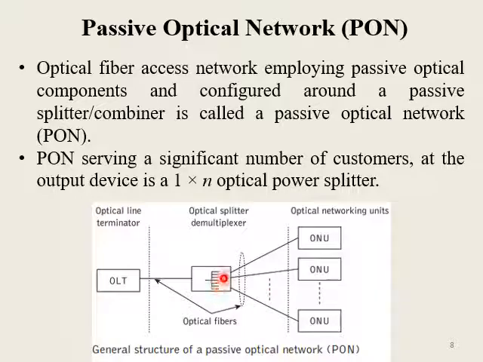Then it is split into n number of units. Then the n units are going to reach the optical network unit, where the premises are going to be defined later. Between the local office exchange and the ONU, we can define all these passive optical network components.